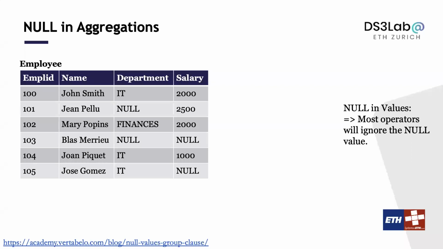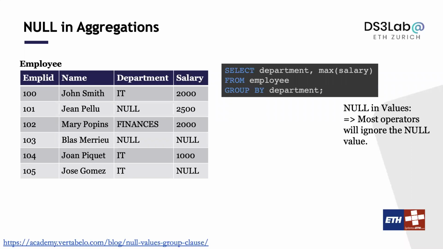And what if you have null in the value? After I do the grouping, within that group, I have null. What would happen? Most of the operators will ignore the null value. For example, if I have a query like this, for each group, I want to calculate the maximum salary.